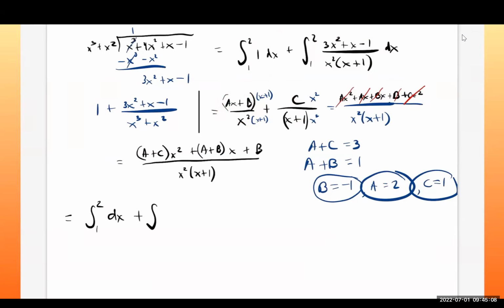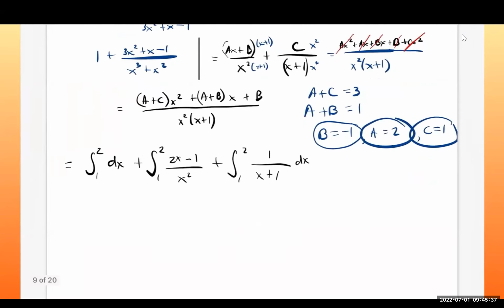This fraction would become the integral from 1 to 2 of a, which is 2, so that's 2x plus b, which is minus 1, all over x squared, all right, plus c, which is 1 over x plus 1 dx.